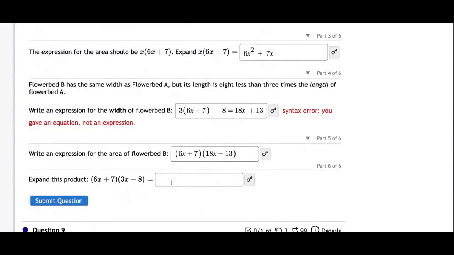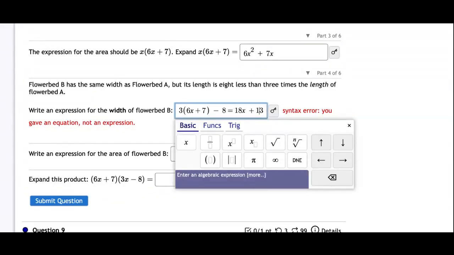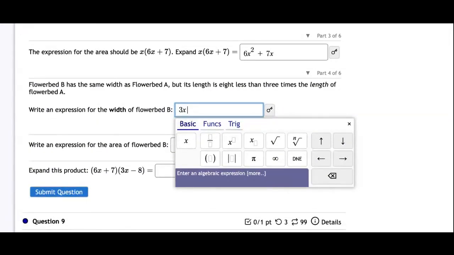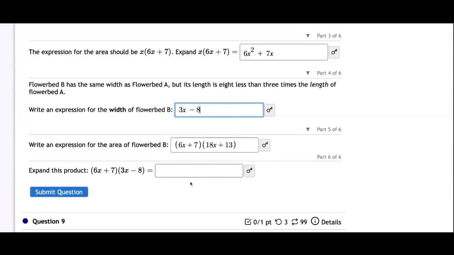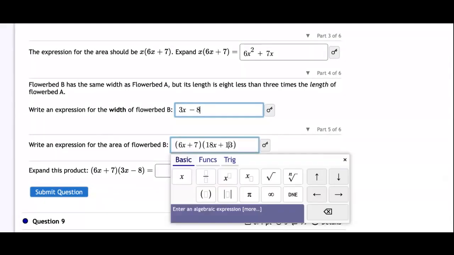Then expand this product. Oh, just 3x minus 8. Okay, so I overinterpreted. It just means the width is just x. So it's just 3x minus 8.